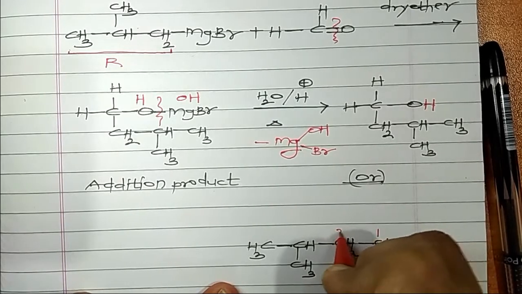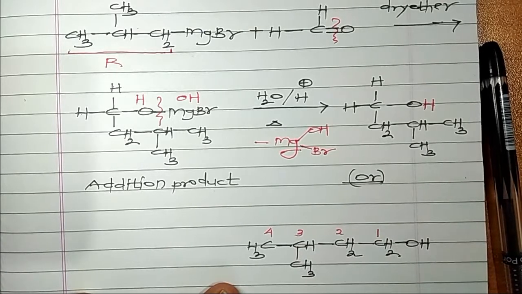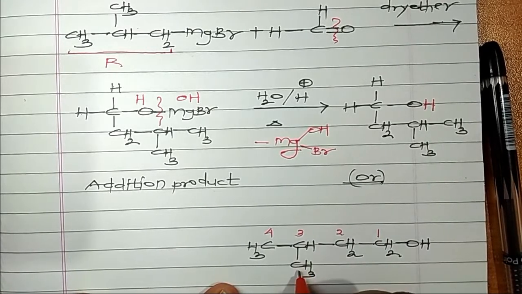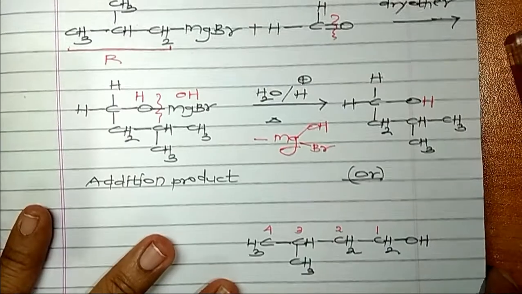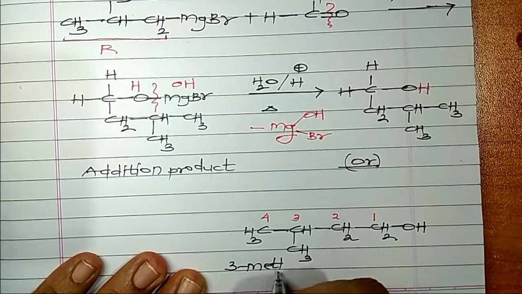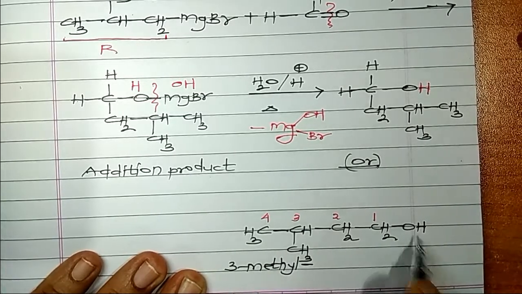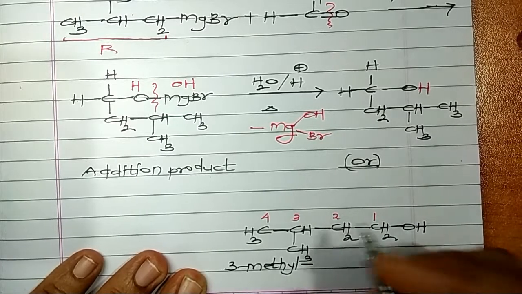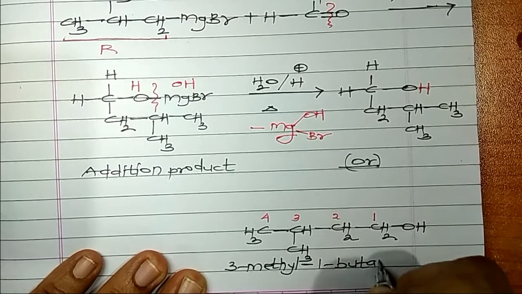This is 1, this is 2, this is 3, this is 4. On the third carbon atom you have a methyl group. So the name of this compound should be 3-methyl. On the first carbon atom you have the OH group. So you say 3-methyl-1-butanol.